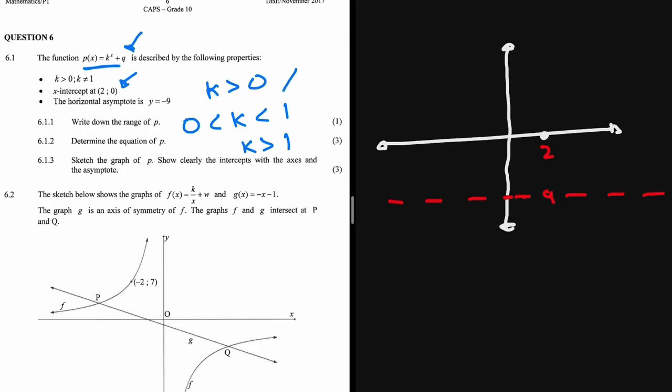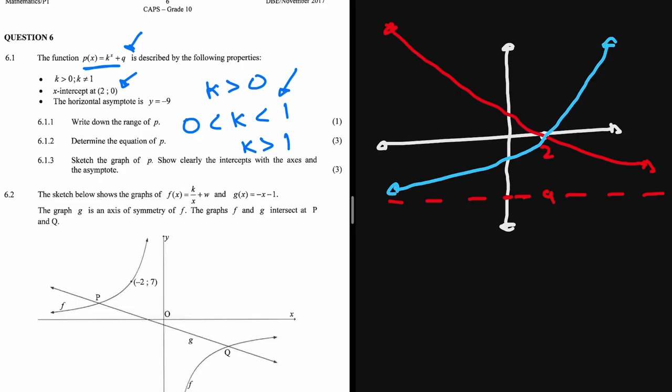If k is in between 0 and 1, we know that is going to be a decreasing function, so our function is going to move like this. But if the value of k is bigger than 1, our graph is going to be an increasing function. So it's going to move like this. It's going to increase, and then it's going to touch the x-intercept that is given to us.